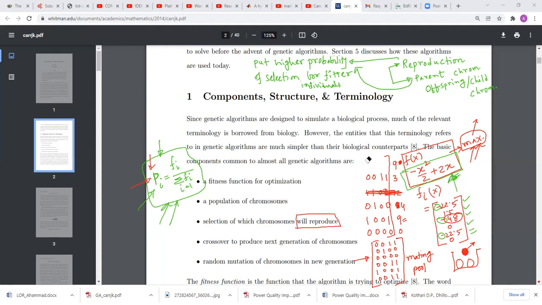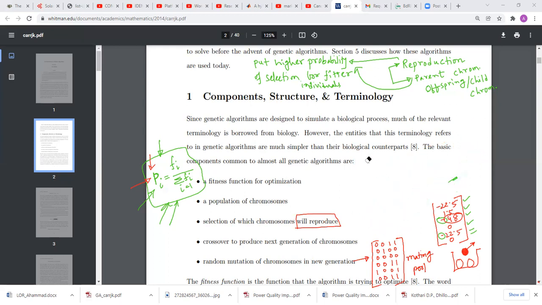So let's erase it for the time being, we don't have enough space. So this is my mating pool. How will they meet or how will they mate? Using crossover. There will be 2 parents, one father and another one mother. If you want, you can label them like this, but there will be crossover.